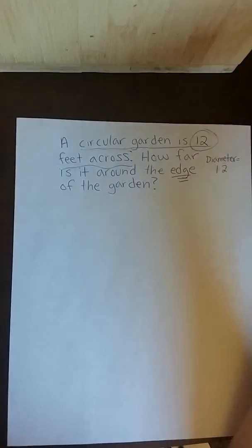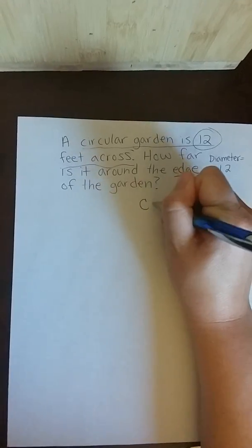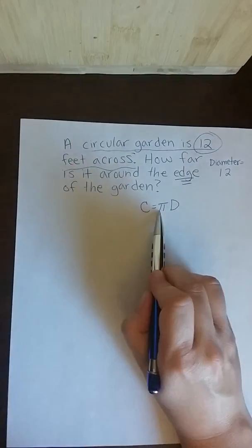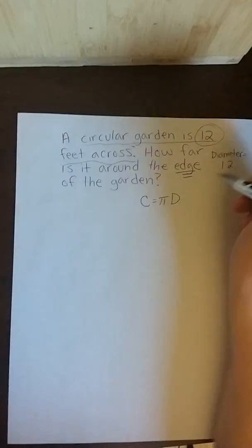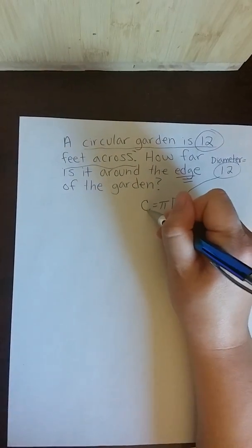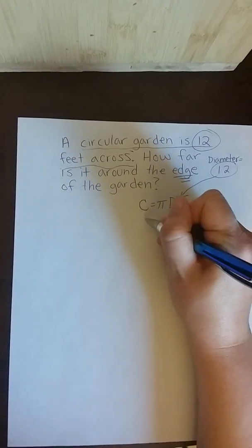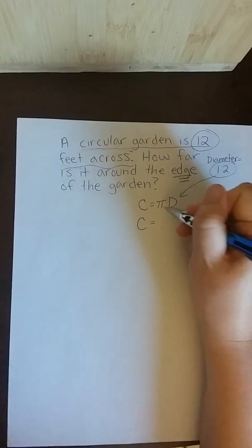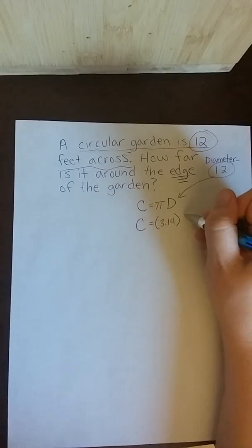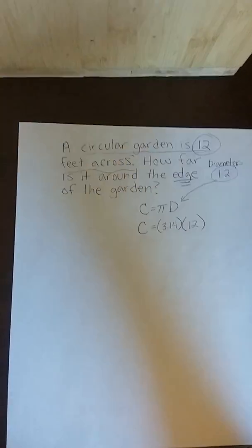I'm looking for the circumference, so I'm going to use my circumference diameter formula. C equals pi times d. Circumference equals pi times diameter. The diameter is 12, so that's going to go in for diameter. I don't know circumference in this problem, so it's going to stay c. Pi is going to be 3.14, and then for diameter, I'm putting in 12.